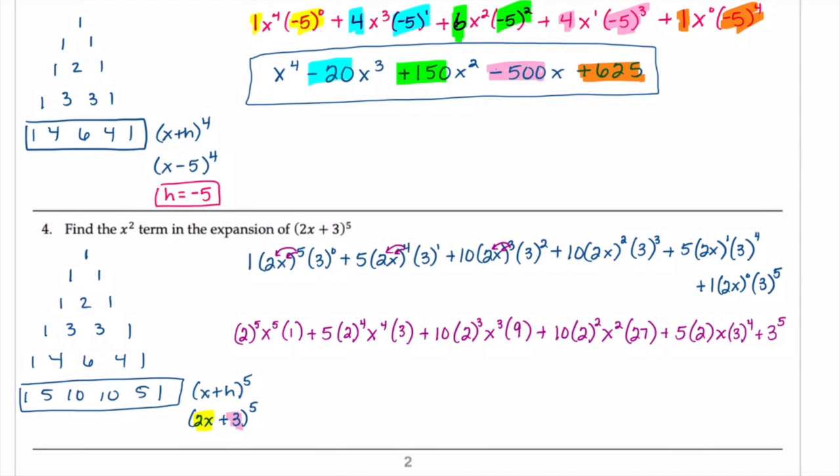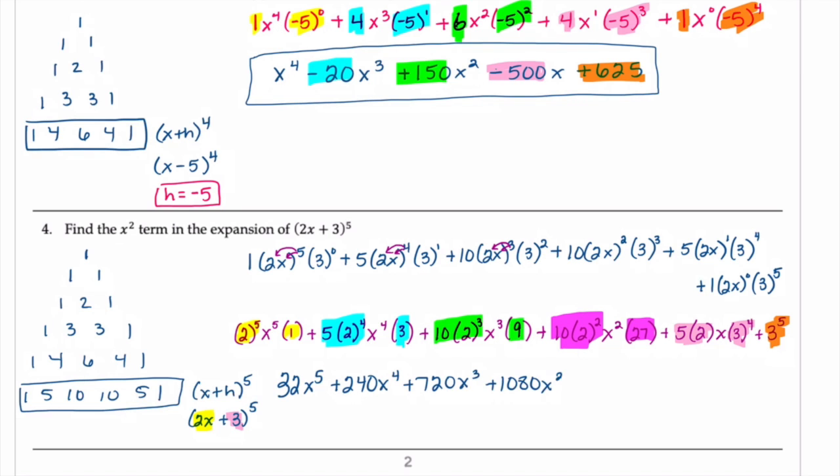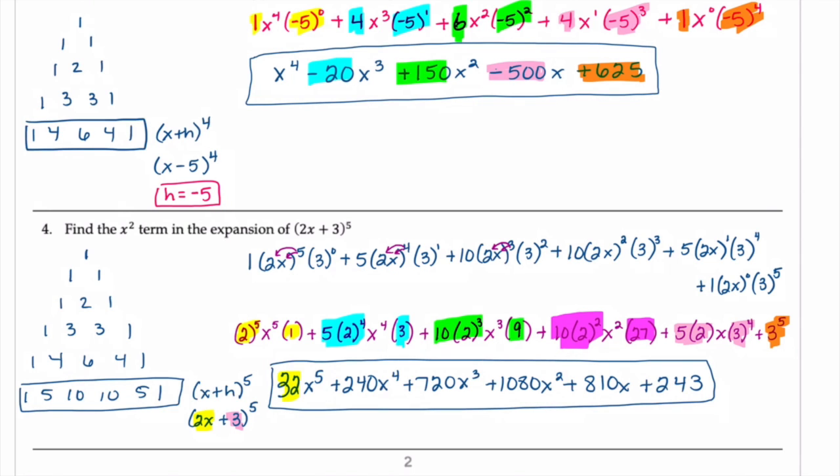All right, so that is as much as I can do. Now it's just a matter of me inputting these into my calculator and multiplying each piece. All right, and this is my final expansion.